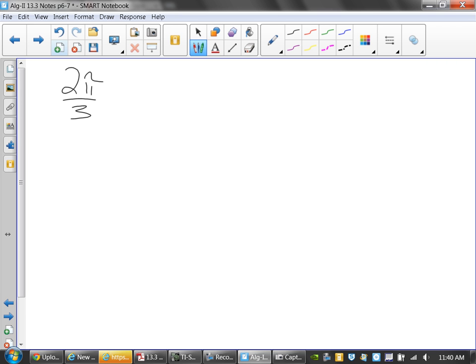2 pi over 3. If I'm going to look at 2 pi over 3, I have to first of all figure out which quadrant it's going to land. Is 2/3 bigger than a half or smaller than a half? It's bigger than a half. Second quadrant. Anyway, we all agree that 2/3 is bigger than a half, but smaller than a whole, right?